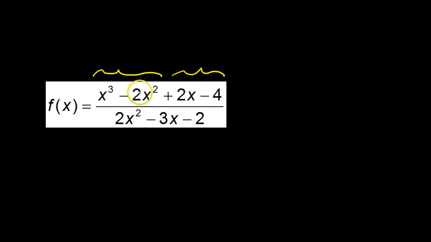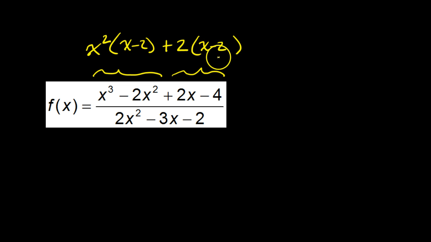The common factor for the first pair is x squared. So if I bring out my x squared, then that's going to leave behind x minus 2. Now the common factor on the second pair is 2. And that's going to leave behind x minus 2 as well.